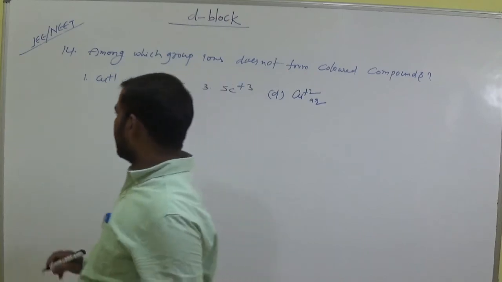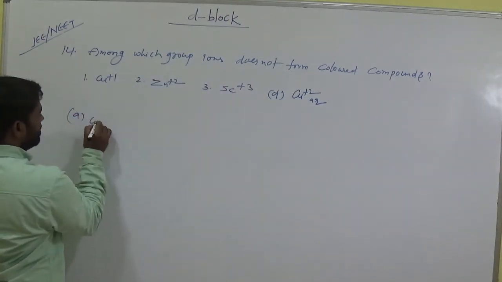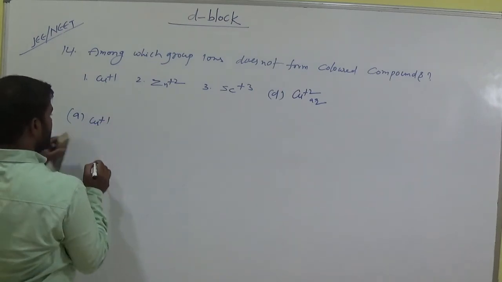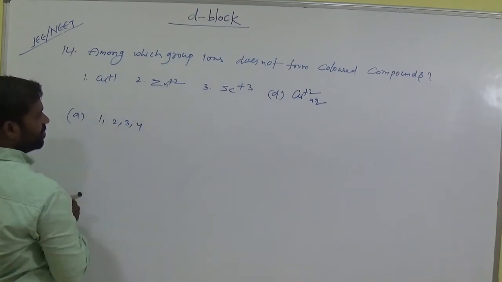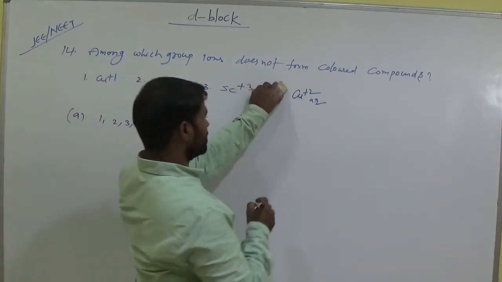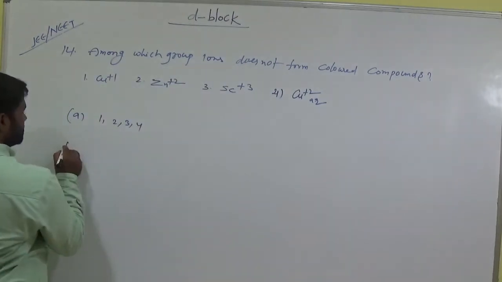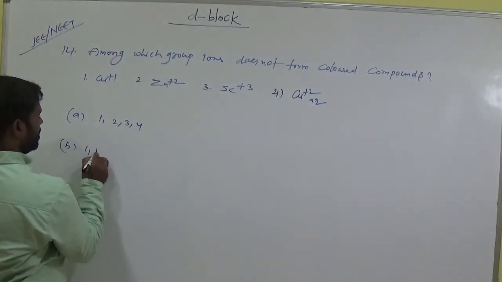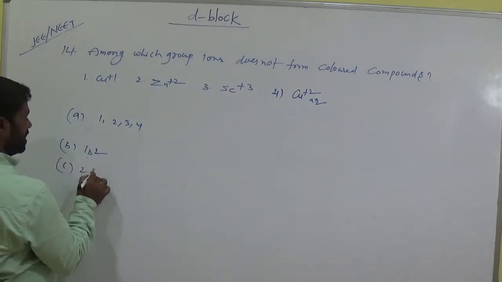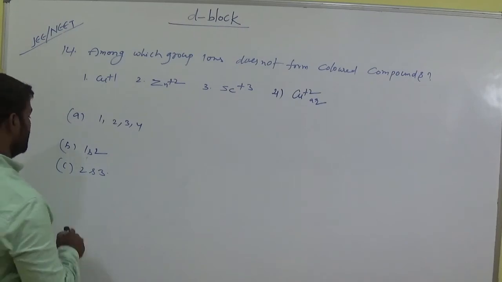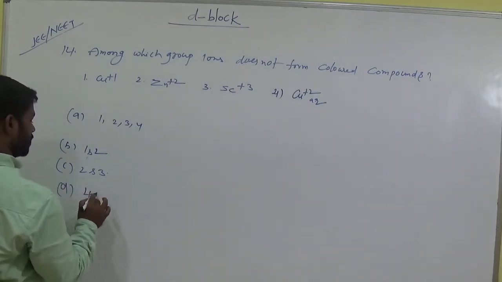These are the given ions, 1, 2, 3, 4. Option A, 1, 2, 3; option B, 1 and 2; option C, 2 and 3; and option D, 4 only.